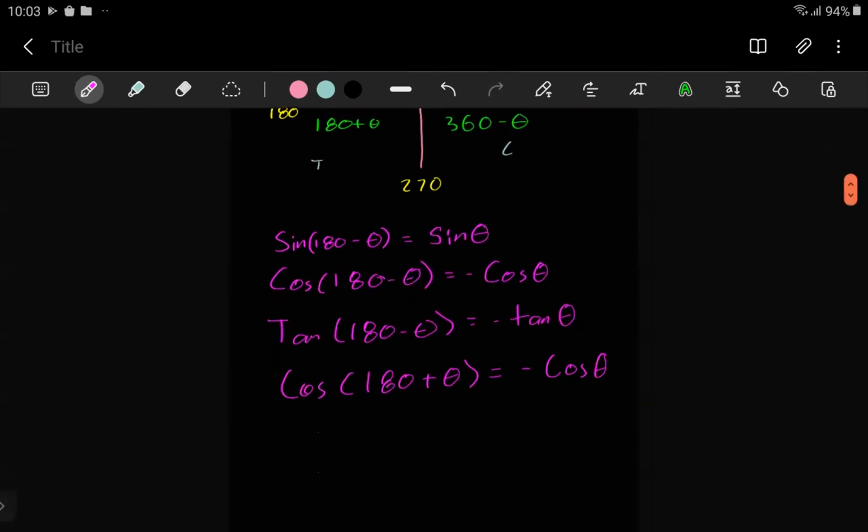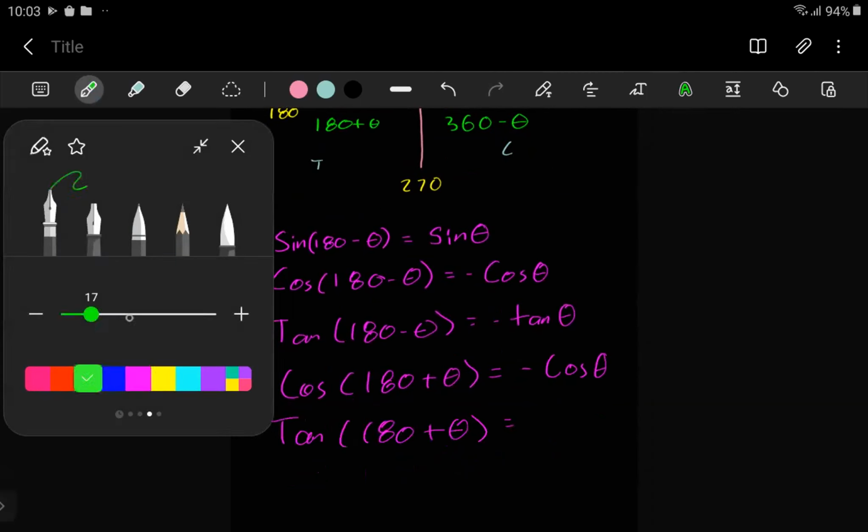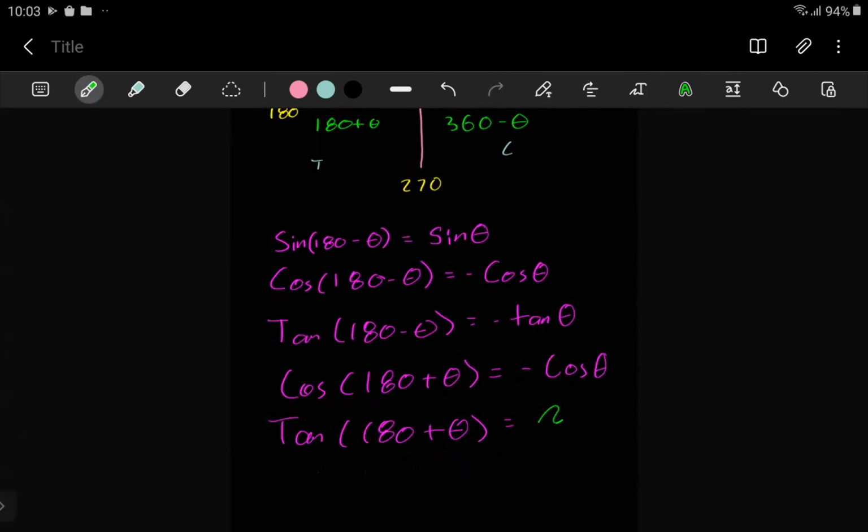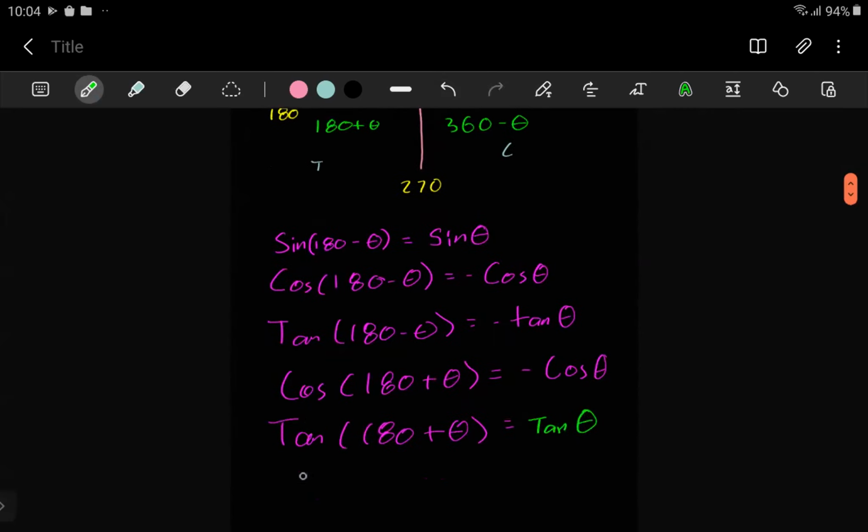Okay. And what about this one? Positive tan. And then why is it positive tan? Because tan is the only one that is positive between 180 and 270. Yeah. And then last one.